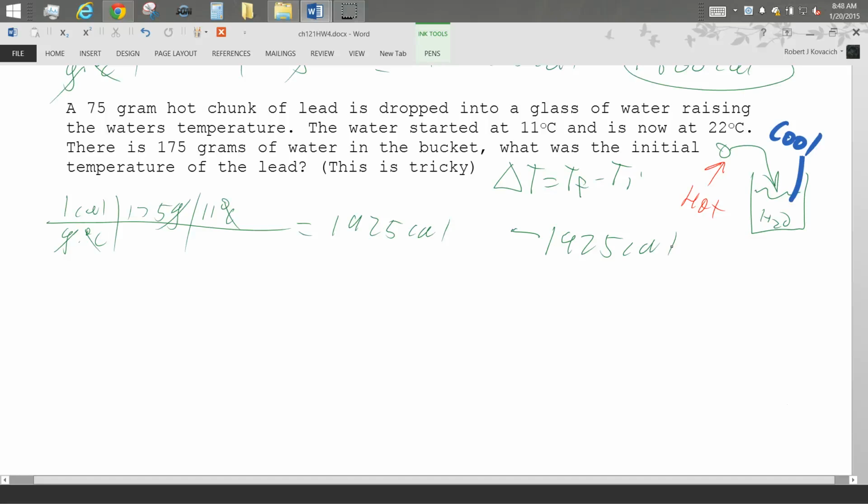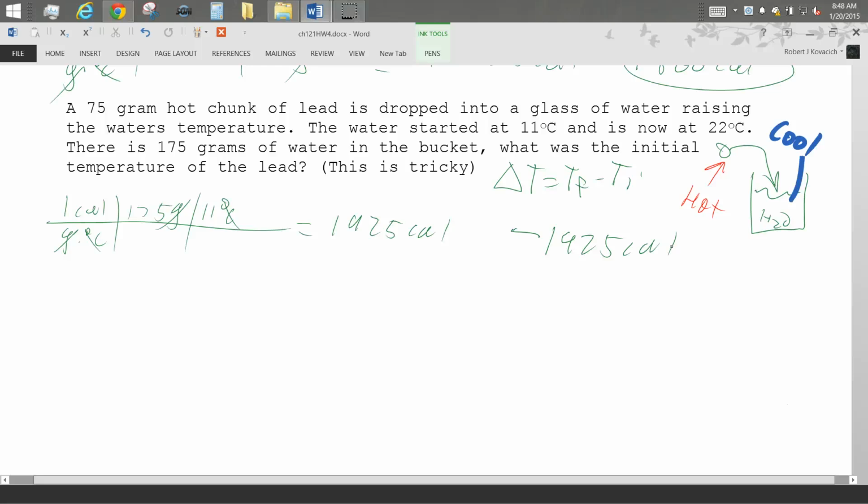Okay, so what I'm trying to calculate again is that final temperature there. What I have is the amount of heat that the lead lost. I know what the final temperature of the lead is, and I know what the mass of the lead is, and you guys could look up the specific heat for the lead.